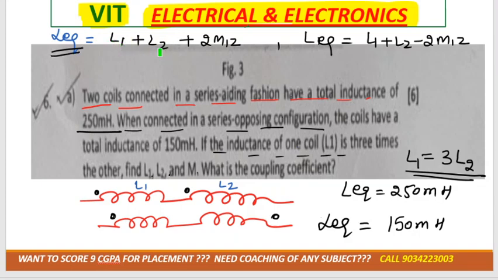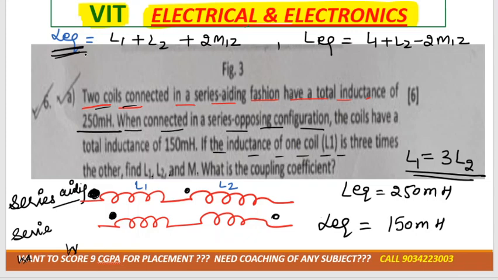L1 is 3 times of L2, and 2M12. So two variables, two equations. Can we solve it? Solve it in your notebook. L equivalent is 250. L1 as it is, L1 we can put as 3L2 plus L2, right? So it will become 4L2 plus 2M12, we don't know.